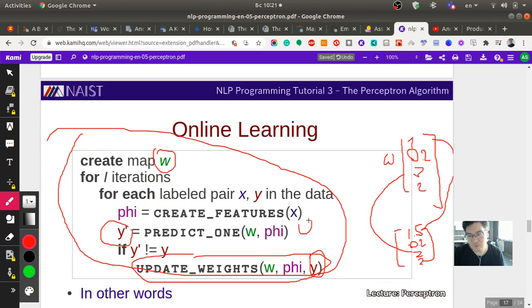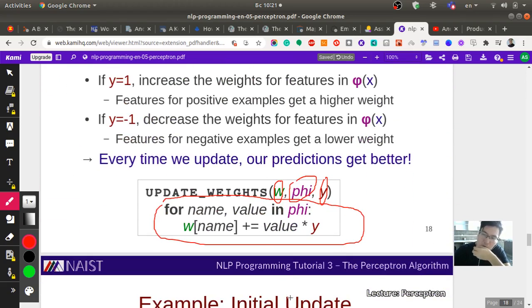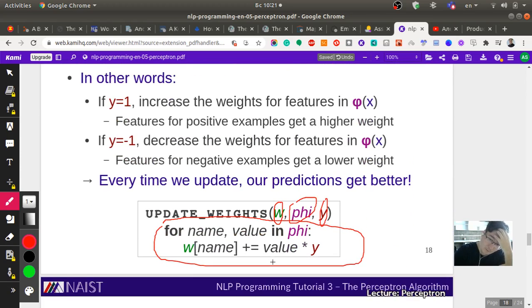So it was 1, but it predicted 0, and you try to change the weights.